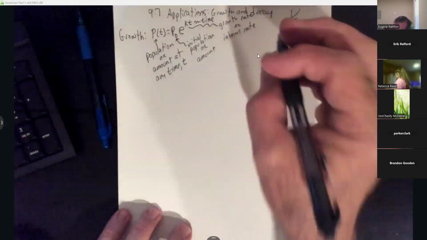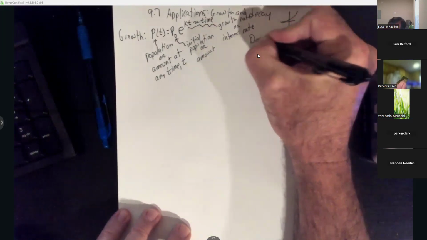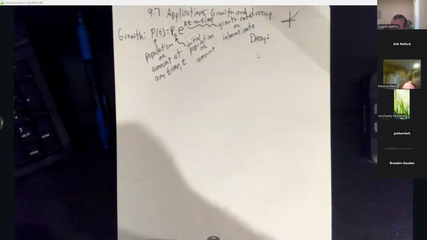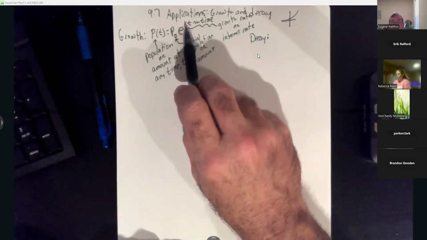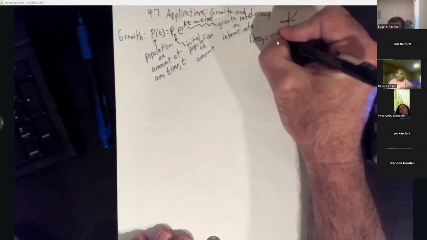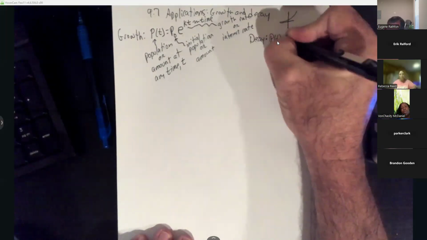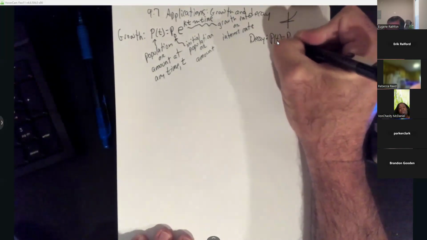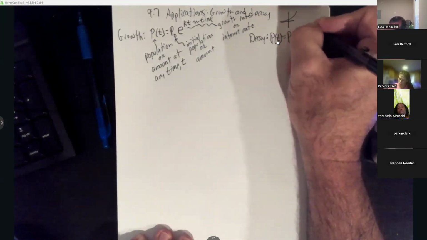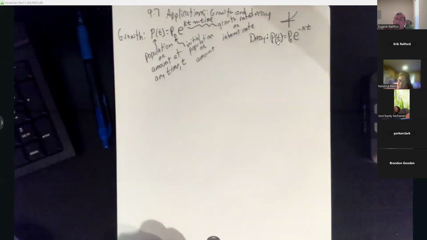Now, if I was looking at exponential decay, it's the same formula, except the growth rate has a negative in front of it. So for decay, we will use the formula P of T equals P original E to the negative K times T. Okay.